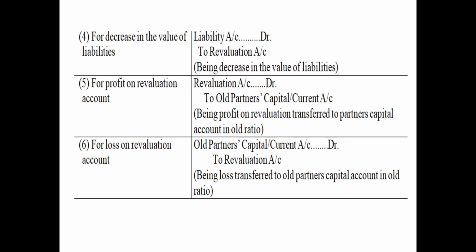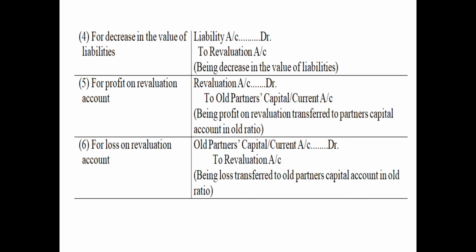The fifth transaction, for profit on revaluation account. If the revaluation account shows a profit, which is to be transferred to partners' capital or current account. So if we are giving them any amount of profit, their capital or current account balance would increase. That means the liability would increase, so therefore their capital or current account will be credited.